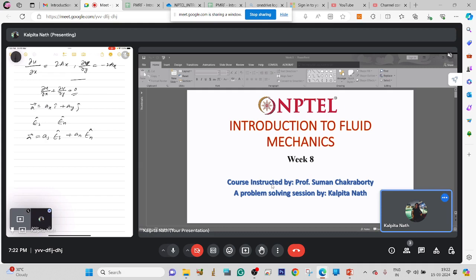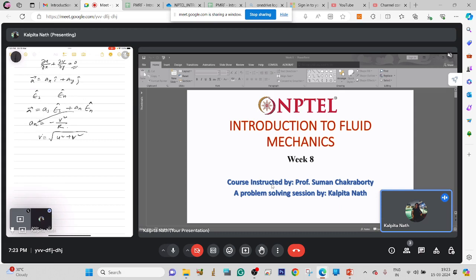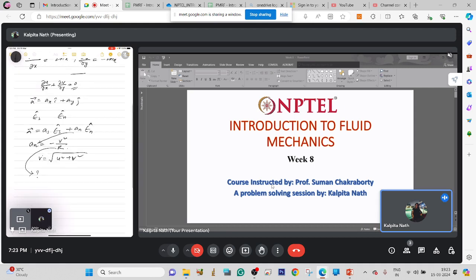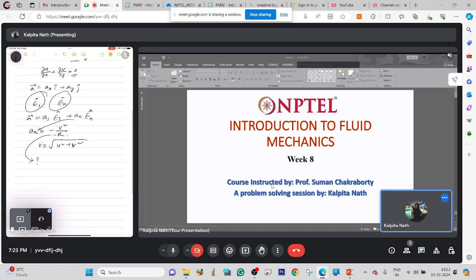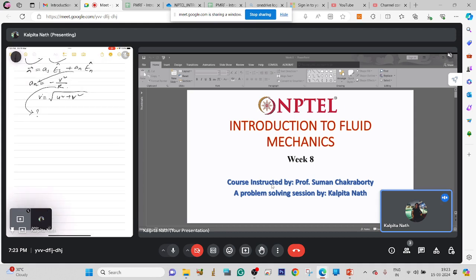In the previous day we did some derivation where we found an. We know an as minus v square by r, where v is equal to root over u square plus v square, those being the components of velocity. Now we need to find r from here. First let us find the unit vectors epsilon s cap and epsilon n cap along the s and n directions.